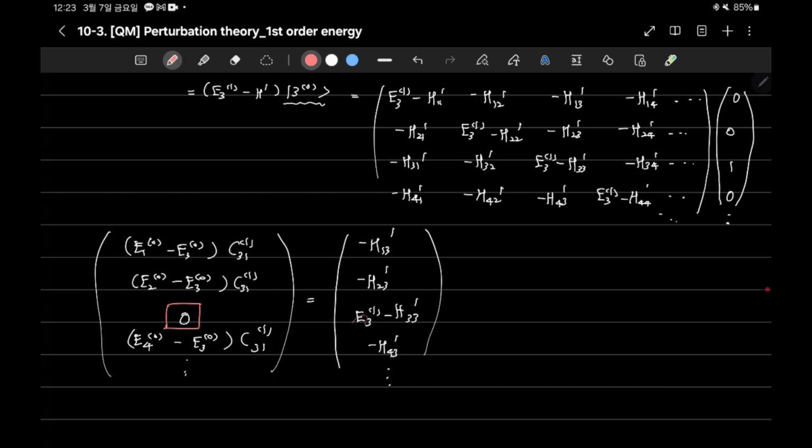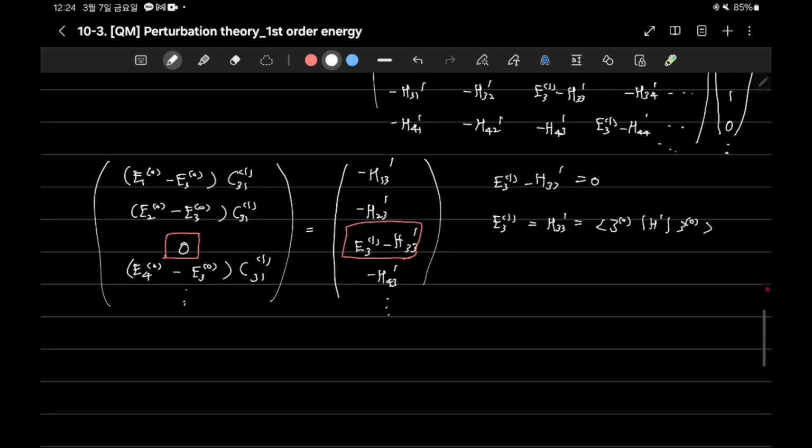Therefore, here it should be 0. So E31 minus H33 prime should be 0. In other words, E3 first order equals H33 prime, which is H prime in the basis of 3 0 and 3 0.